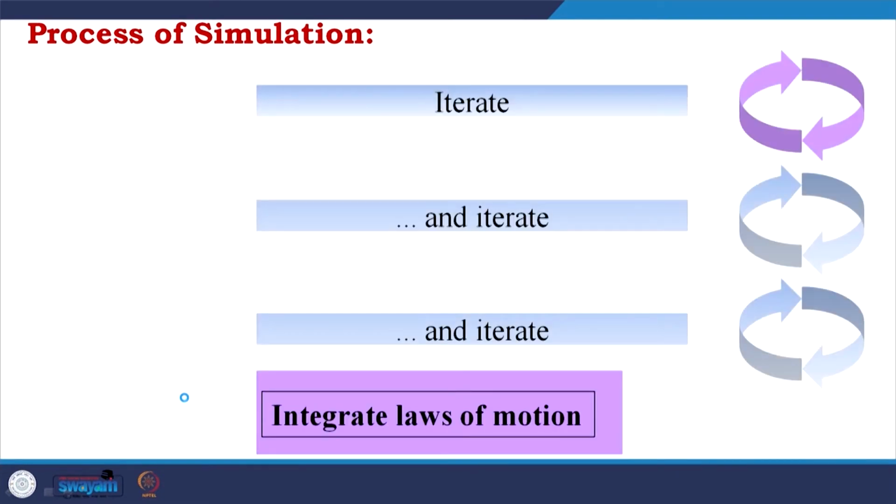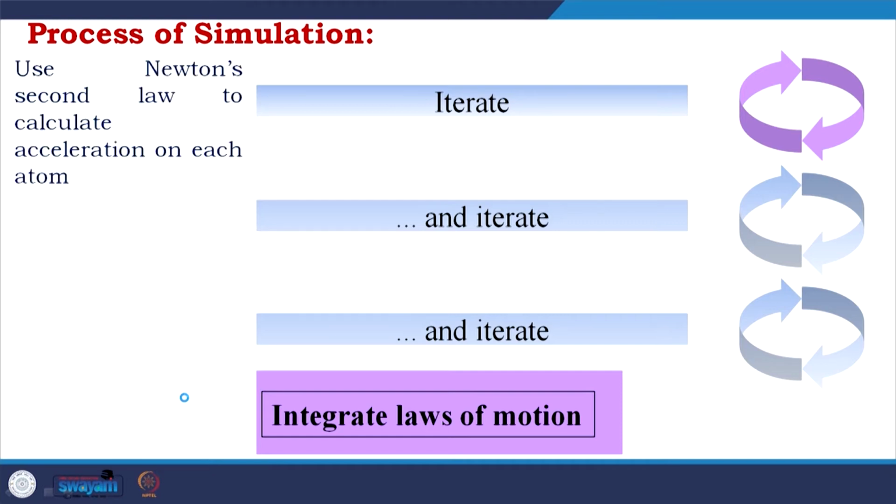Now you do that, and this process you iterate. When you have anything iterating, this needs a computer algorithm to perform that iteration, and you integrate with the laws of motion.